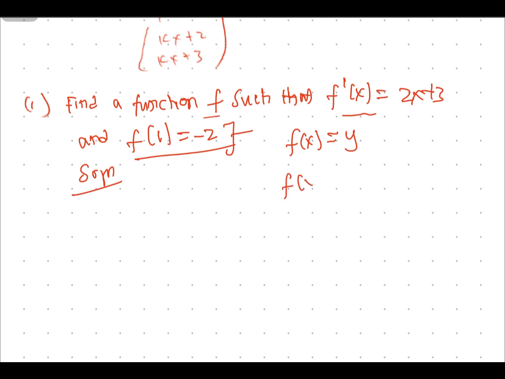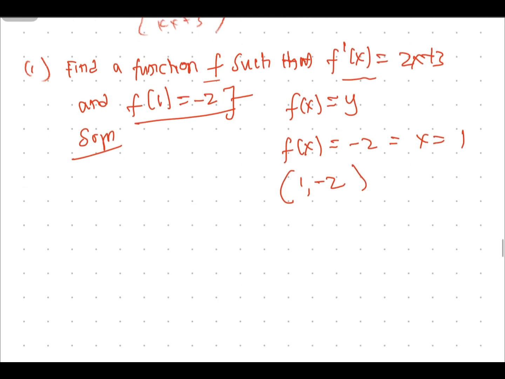And therefore f of x equal to negative 2 means that the x value is equal to 1. So they have given me my initial condition, of which x is 1 and y is negative 2. So in doing this, let's find our integration.